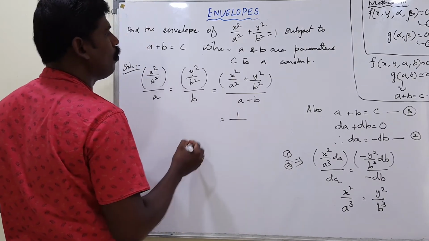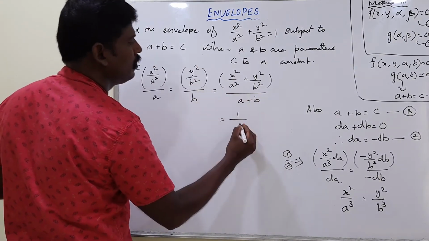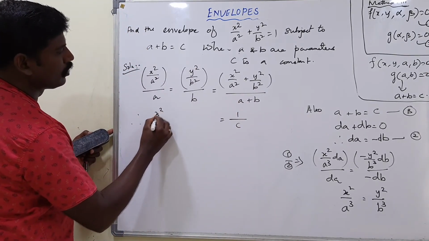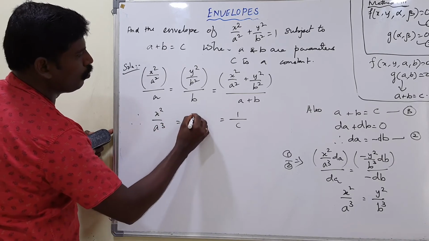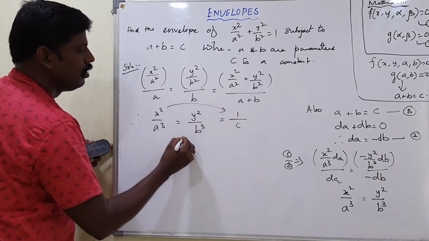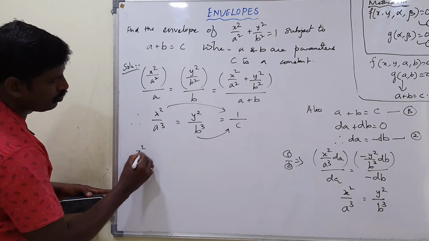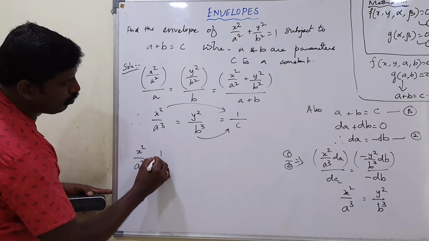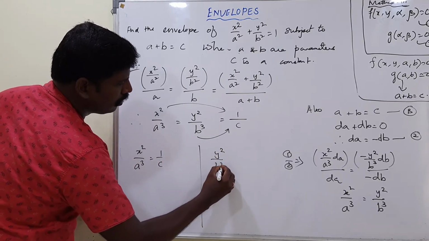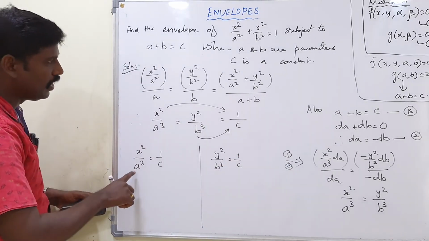From the given problem it is 1. What is the value of a + b in the given condition? c. So this is 1 by c, and x²/a³ equals y²/b³ equals 1 by c.